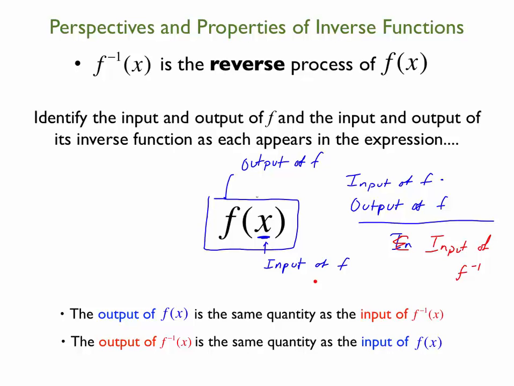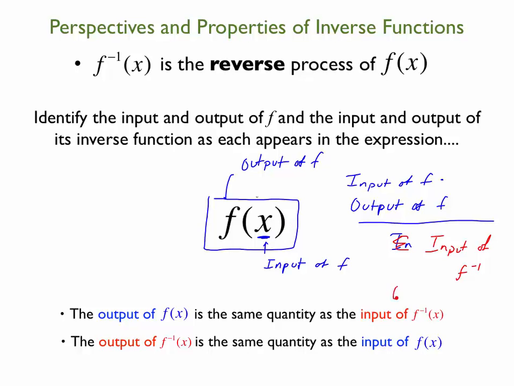A part of it, the whole thing? The whole thing, because the whole thing is the output of f. Therefore, the whole thing is the input of f inverse. So if we're thinking about the inverse function, we need to see that whole expression not only as the output of f, but as the input of f inverse.